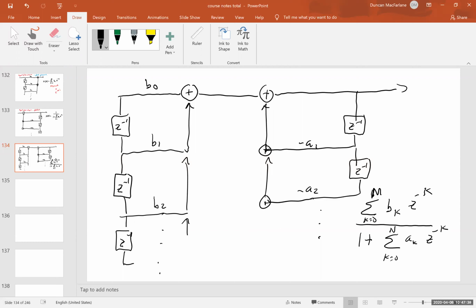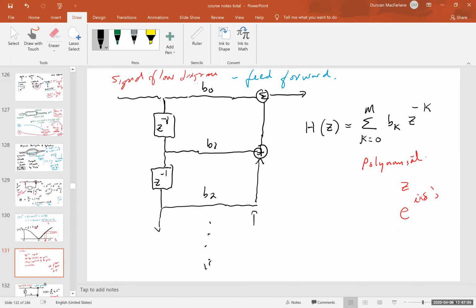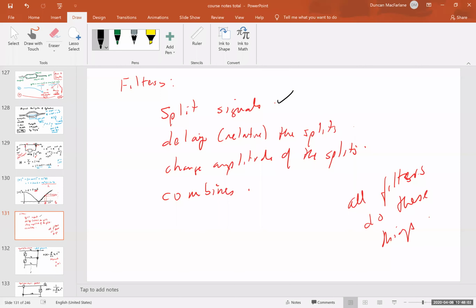Every single filter that's out there can be put into this kind of a structure. And this is great. This is an incredibly powerful picture to have. It obeys all the tenets of what filters do. Splitting signals, delaying the signals. These are the z to the minus k's. This is the amplitudes, the a's and b's, and then all the plus signs that we have.